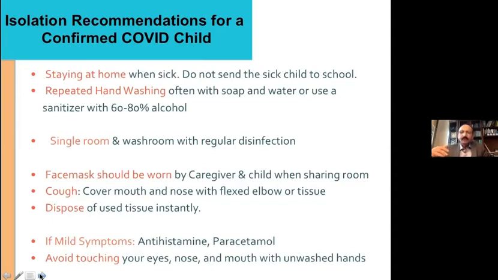Single room and washroom: of course it's not practical in every house, but wherever it is practical, it must be done if you have a child at home who is COVID positive. Face masks should be worn by everybody, of course by the caregiver as well as the child who is sharing the room, but everybody at home must make sure that they are wearing masks.